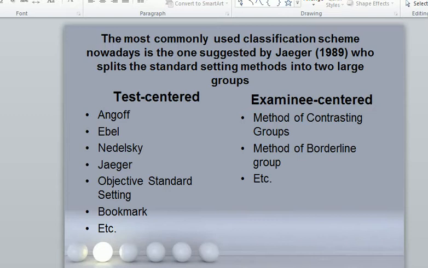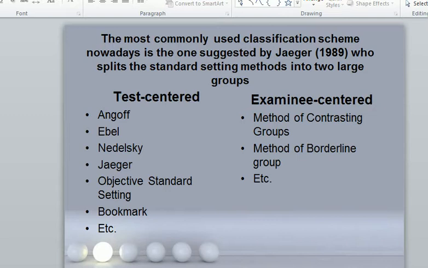Number one, test centered. In this classification, the following methods fall: number one, Angoff; number two, Ebel; number three, Nedelsky; number four, Jaeger; number five, objective standard setting; and number six, bookmark, etc.